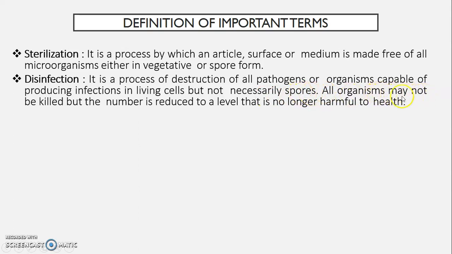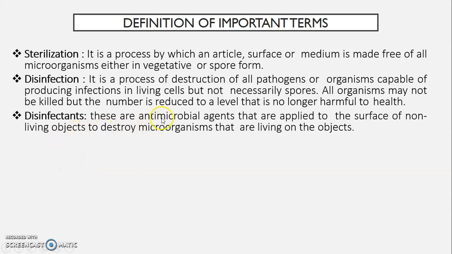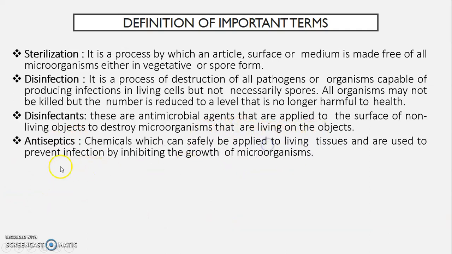All the organisms may not be killed, but the number is reduced to a level that is no longer harmful to health. Disinfectants are antimicrobial agents applied to the surface of non-living objects to destroy the microorganisms living on them.